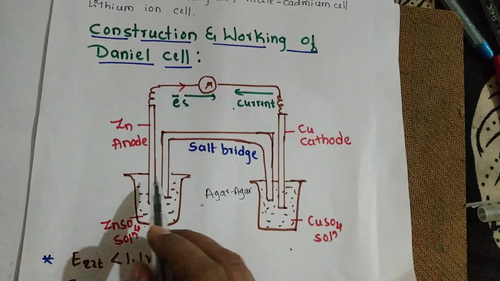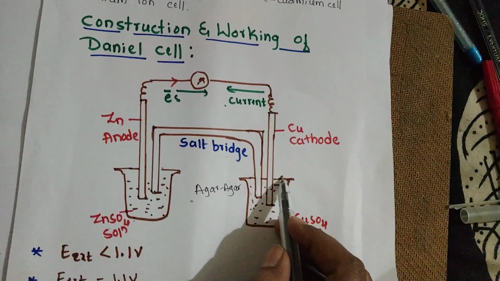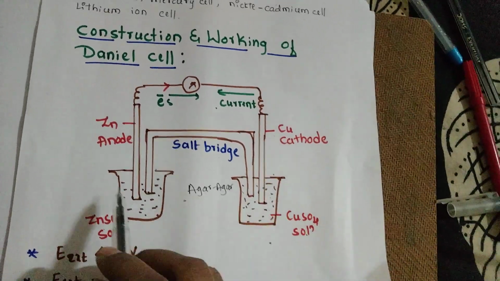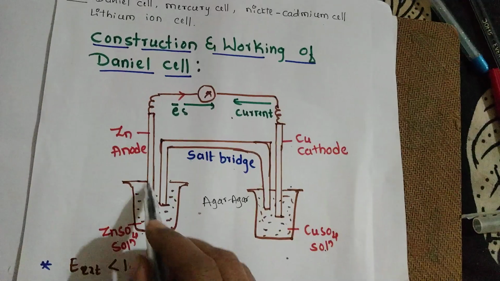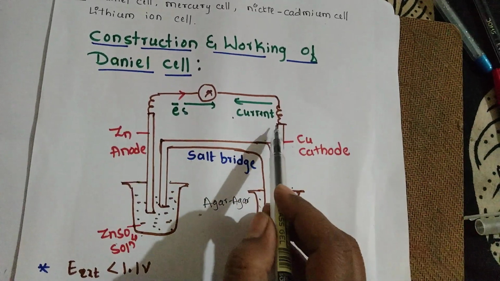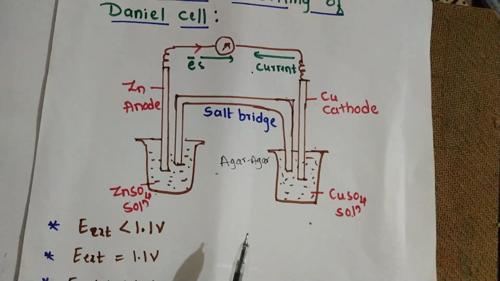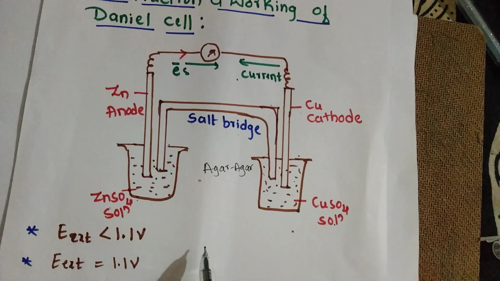At the anode the oxidation occurs and at the cathode the reduction occurs. The electrons flow from zinc to copper and the current flows from copper to zinc. So this is the working of a Daniell cell.